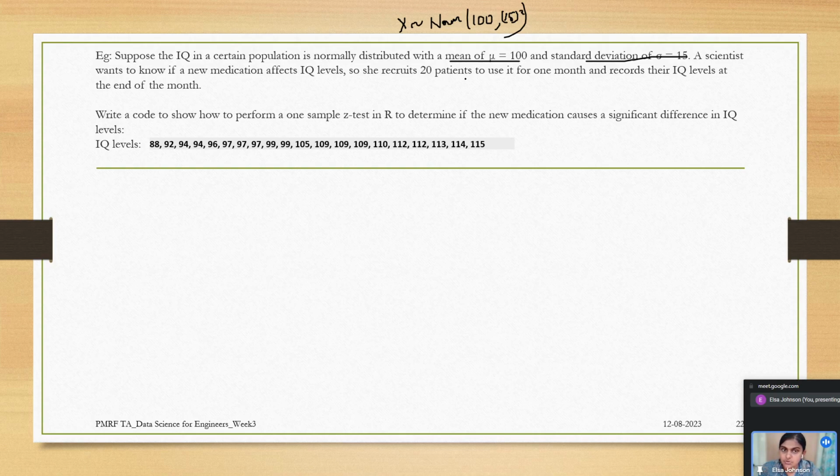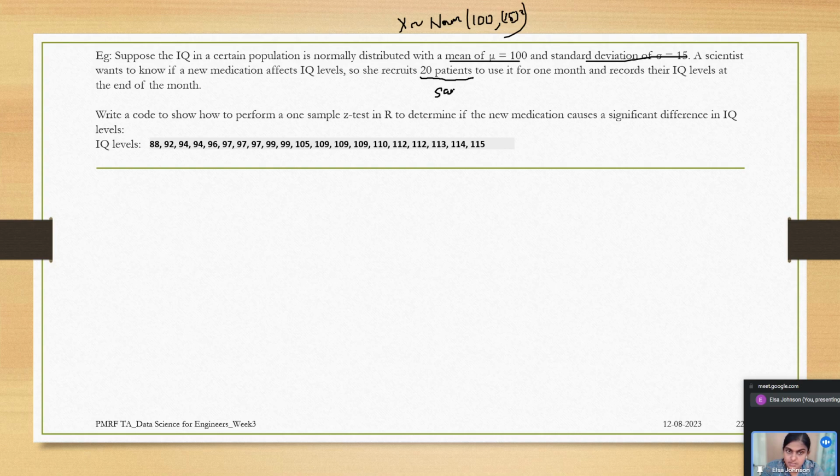So she recruits 20 patients to use it for 1 month and records their IQ levels at the end of 1 month. So there is a whole population there. You want to find out the IQ of that population when a new medication is given. You can't take values from the whole population, so she recruits 20 patients from that particular population.